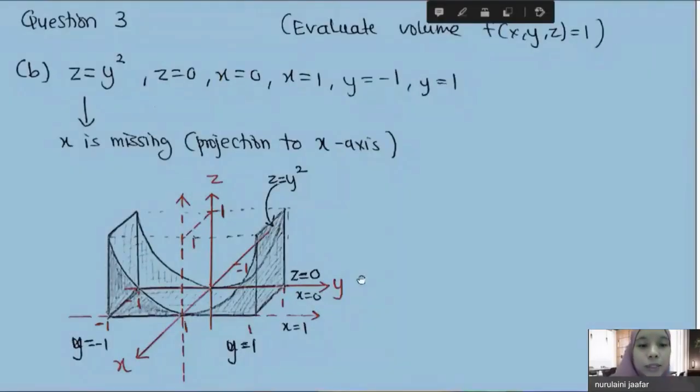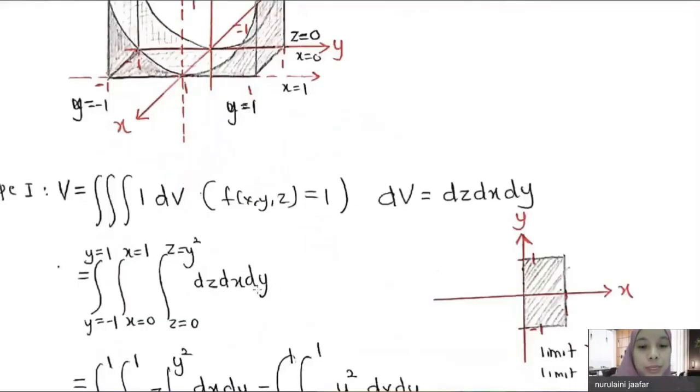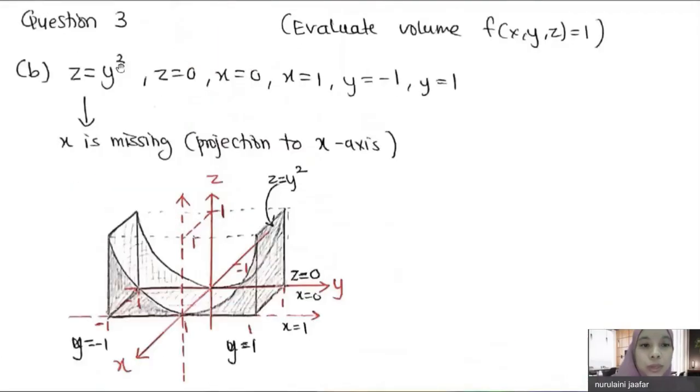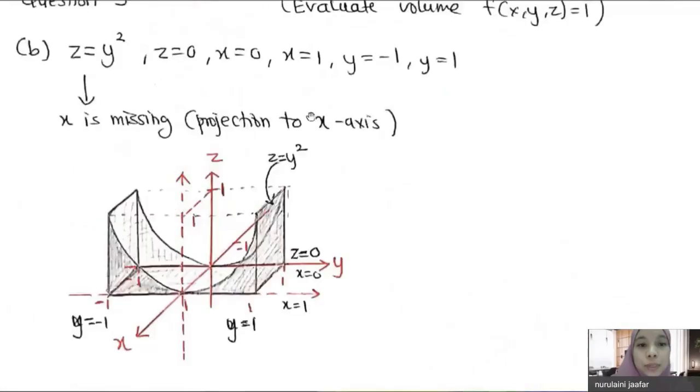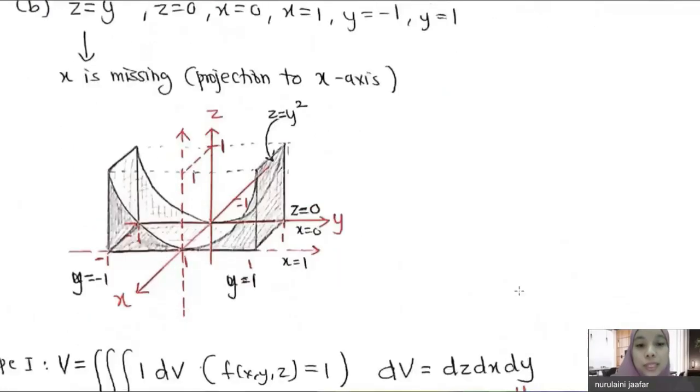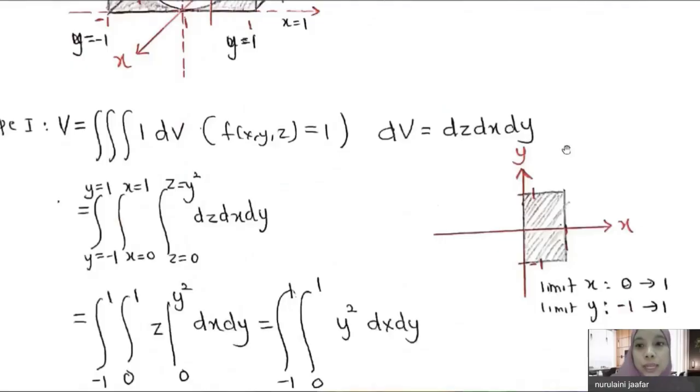Let's say I choose dz dx dy. So let us look at the limit for y. From the question you can know y is from negative 1 to 1. And how about x? x from 0 to 1. When you sketch the region in the xy plane, you get a rectangle, so that's why we get constants.